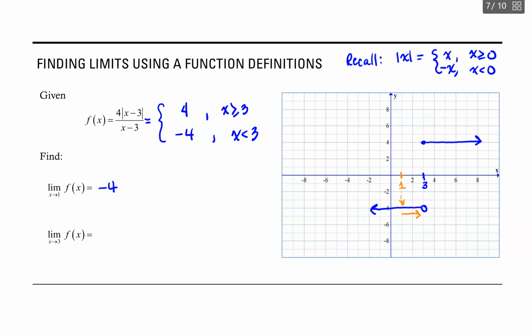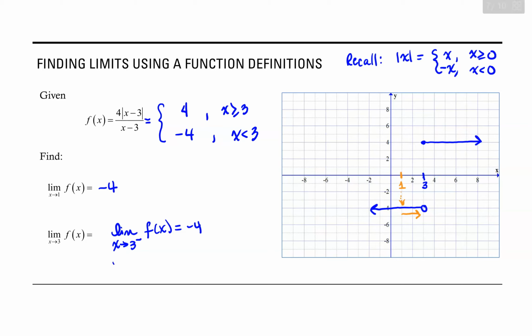We can also see that based on our function definition. Let's go ahead and look at that. The limit as x approaches 3 from the left, so values that are smaller than 3. x less than 3 means values that are smaller than 3. So this limit would be negative 4.